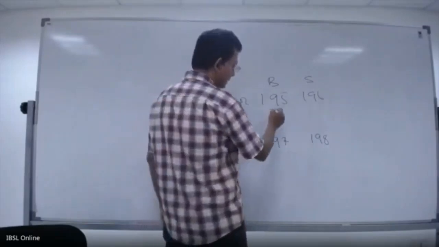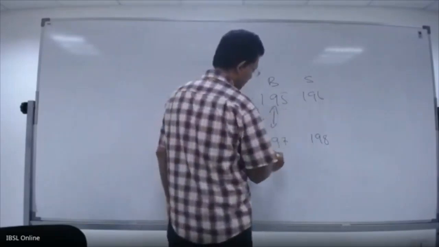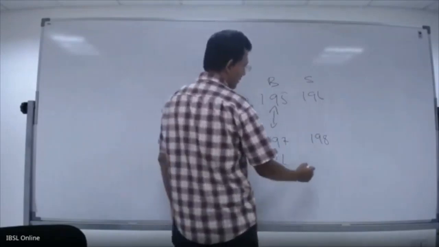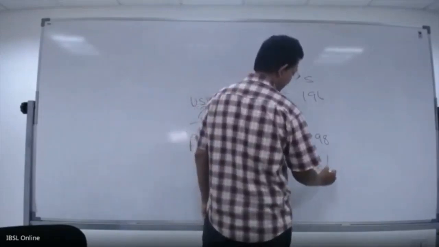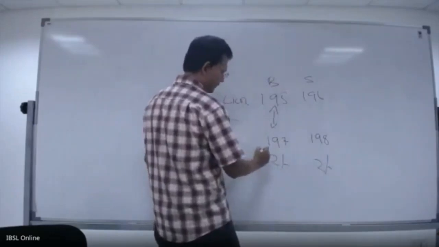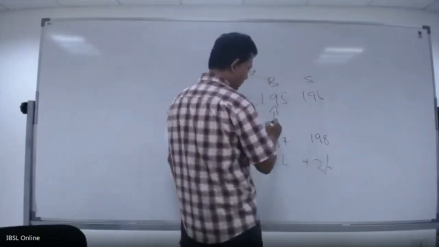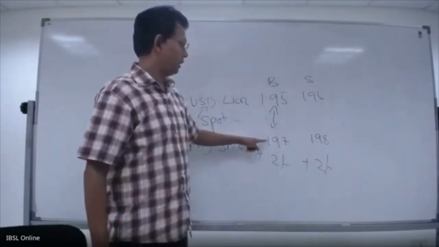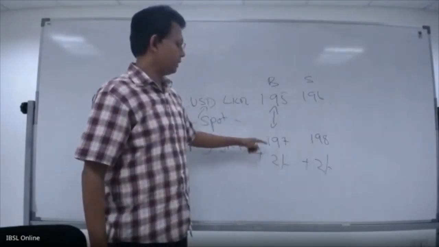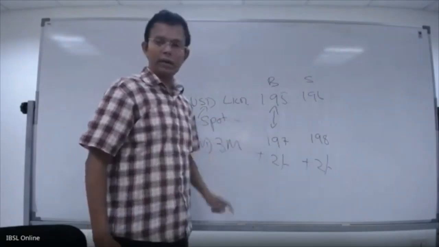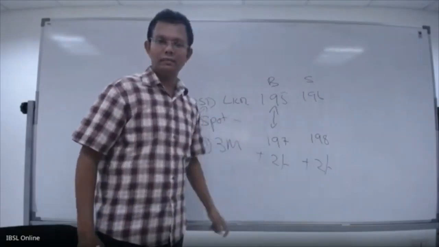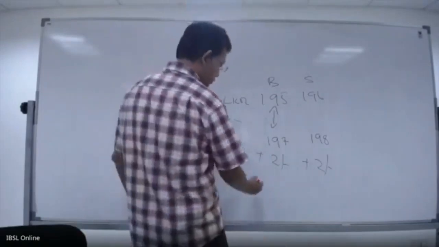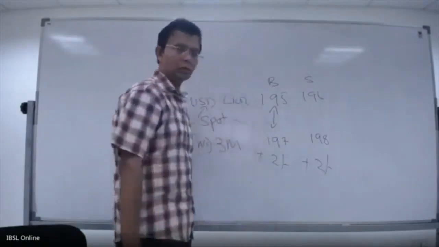What is the difference? 2 rupees. So adding 2 rupees. To come to 197, you should add 2 rupees to 195. Why did you add? Why didn't you subtract 2 rupees?